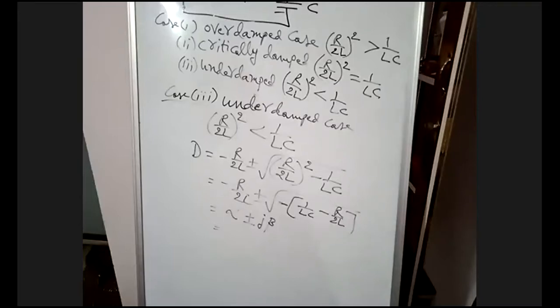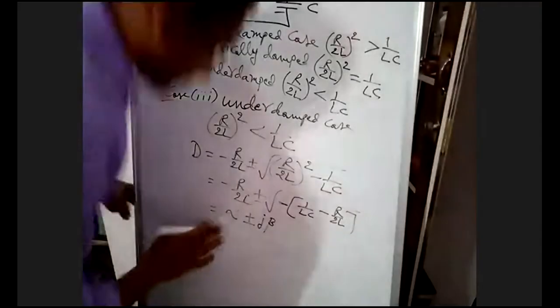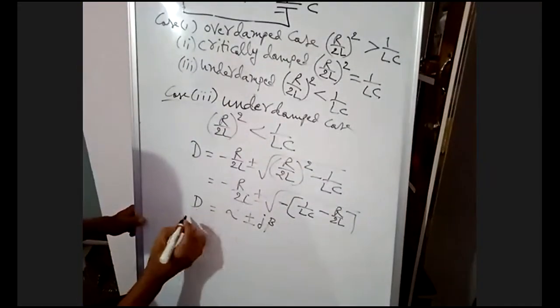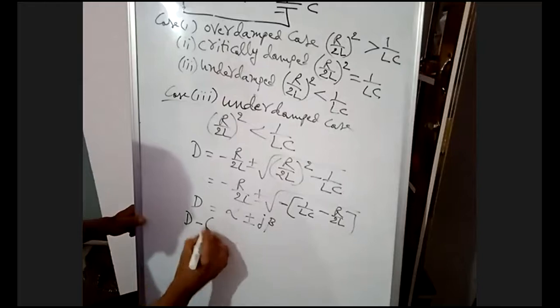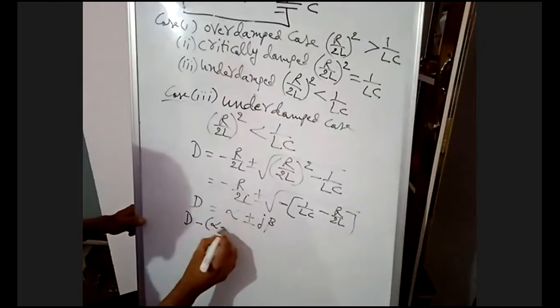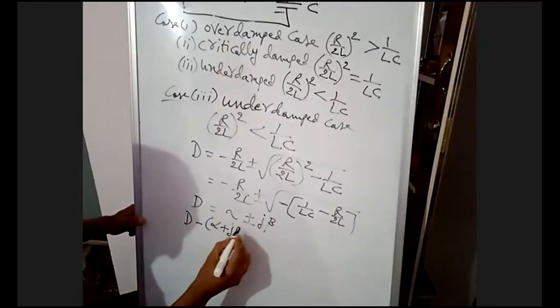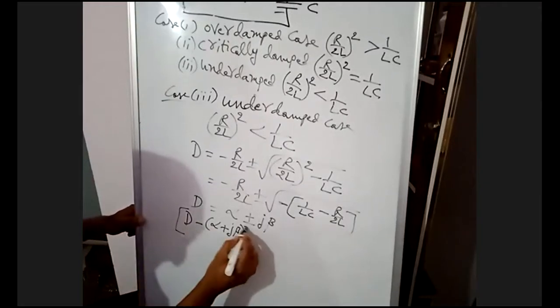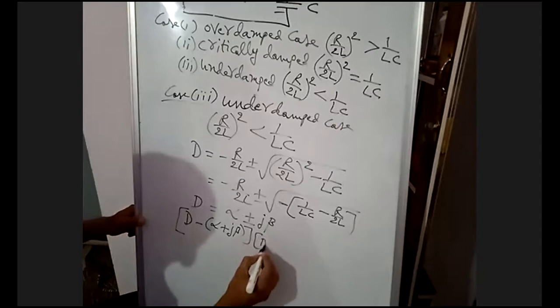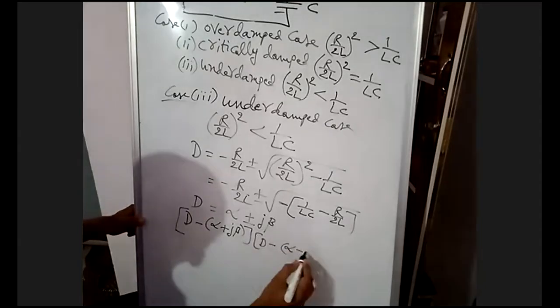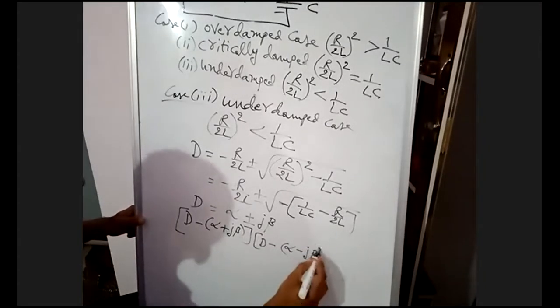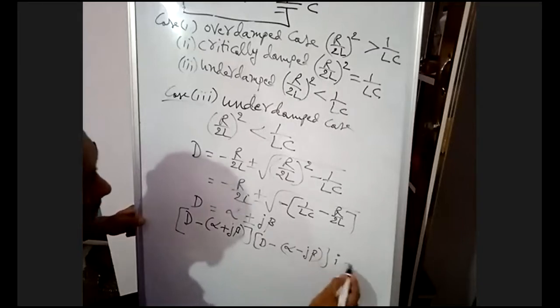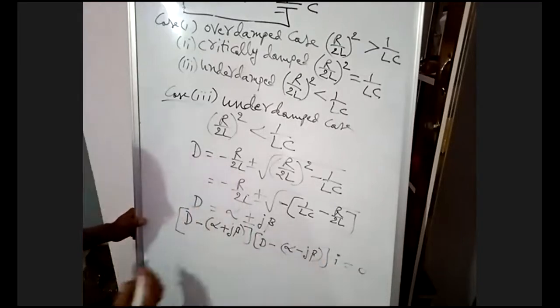Okay. Now see the roots here. One root is minus of, bring this term to the other side, alpha plus j beta. Another root is minus of alpha minus j beta. So we have determined the current equation.